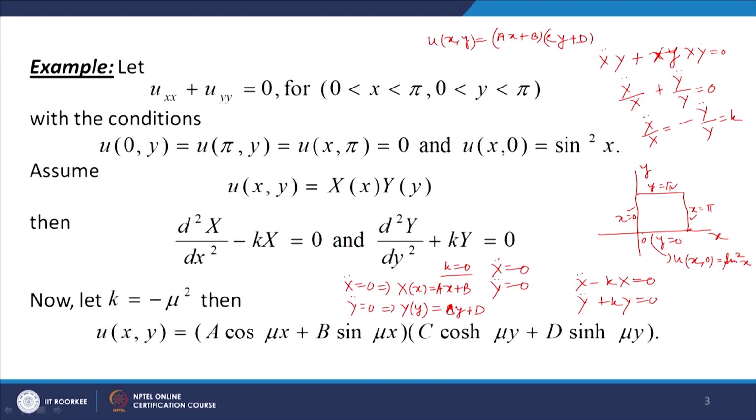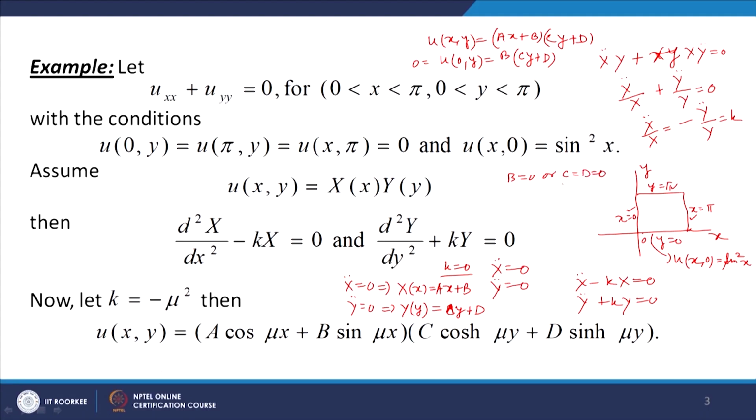Okay. Now let us use the boundary conditions. When x is 0, u(0,y) equal to 0. So u(0,y) equal to b times (cy plus d). u(0,y) equal to 0 gives b equal to 0 or c equal to d equal to 0.